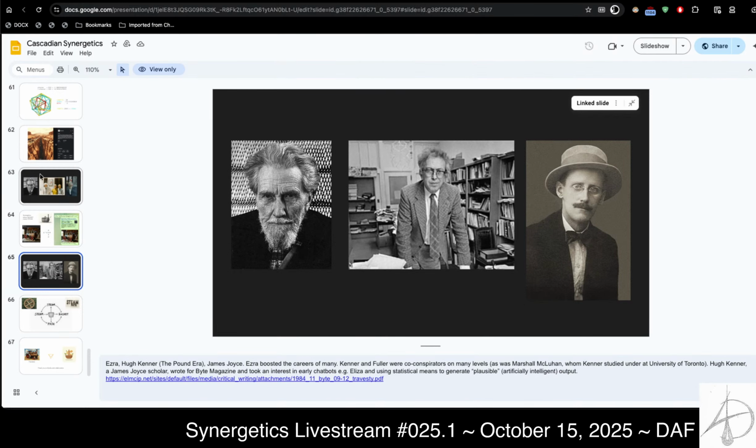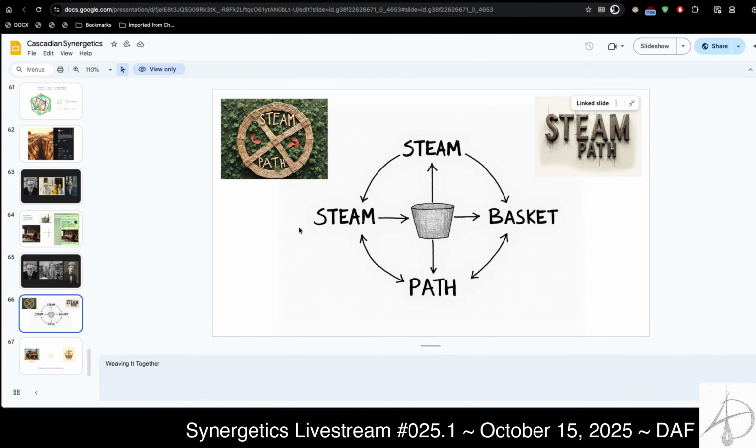Again, slightly different, but Ezra Pound again, James Joyce, and Kenner. So this kind of literary critical American lineage, and all these different transformations on the path of STEAM, STEM, bringing it all together.